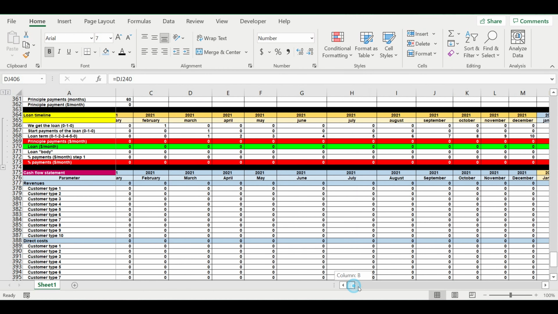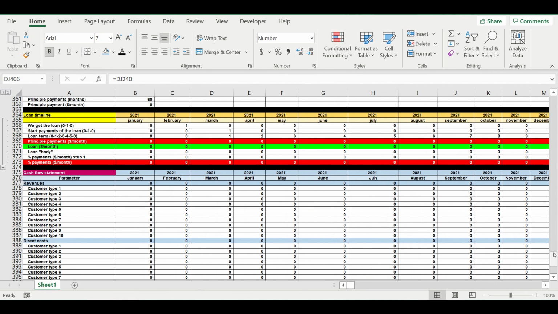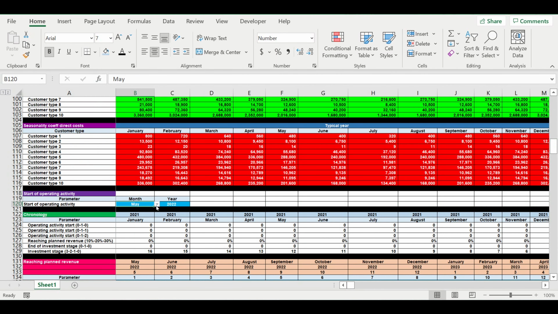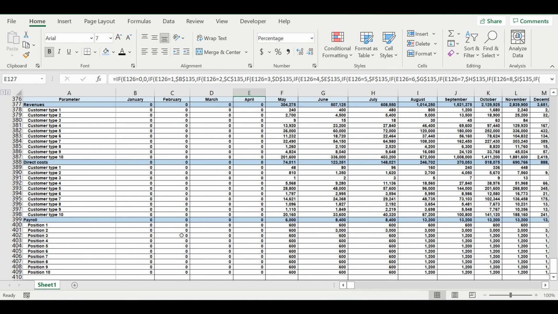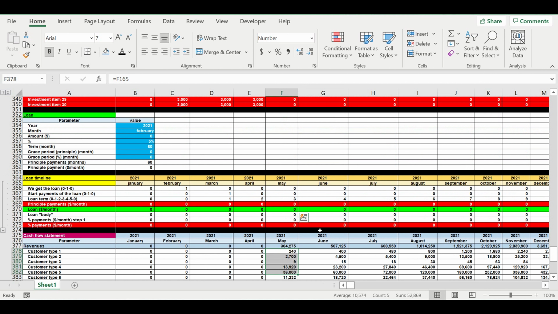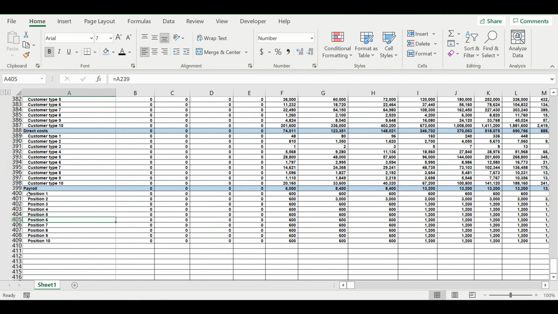So we started our operating activity from May 2022. We can go up and adjust it to, for example, May 2021. So we can see how the beginning of the cash flow statement changed. Now we move to fixed costs.